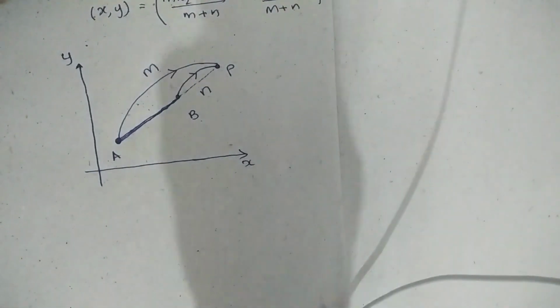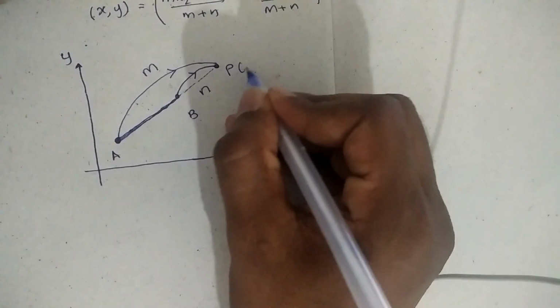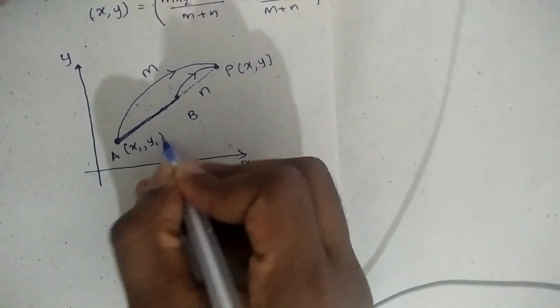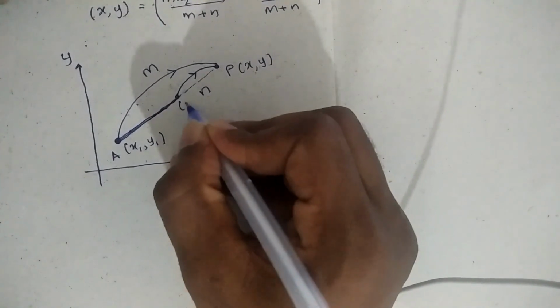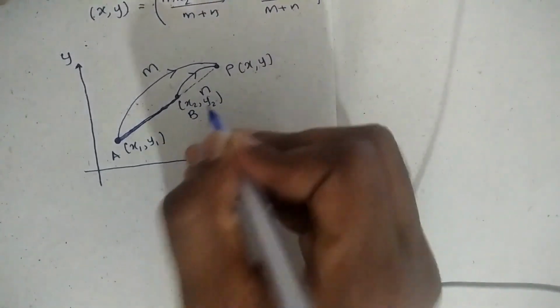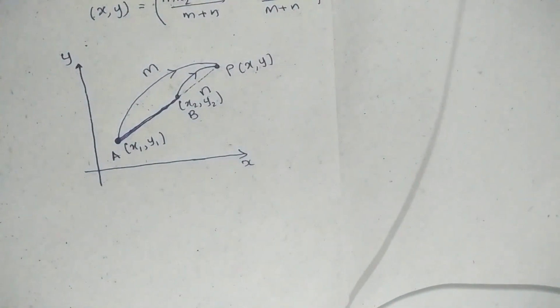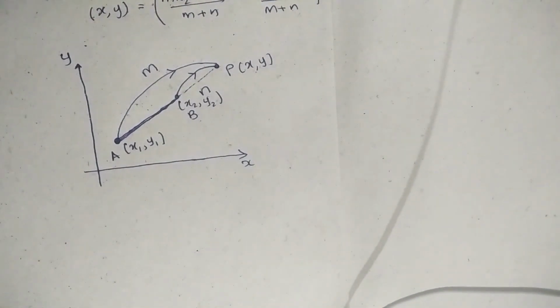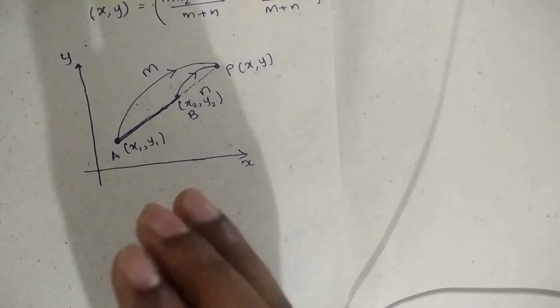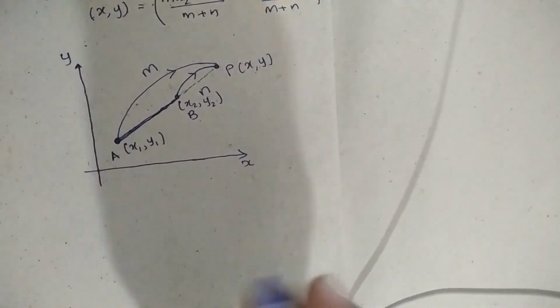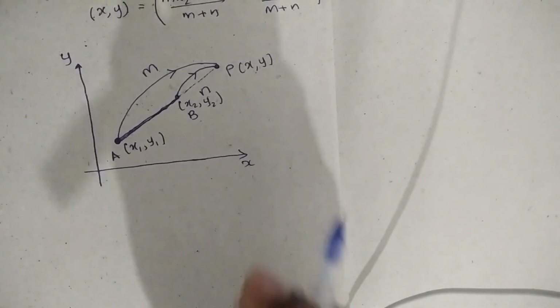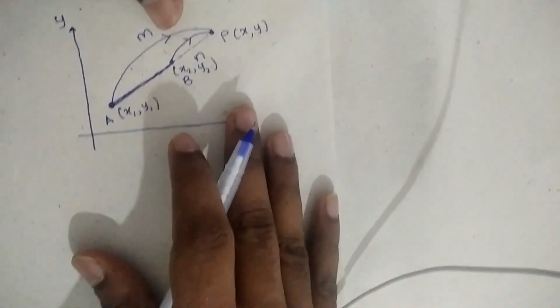Now we're going to find the coordinates of the point P, let's say x comma y. This point here is x1 comma y1, and this point here is x2 comma y2. So let's try to prove the formula again. We're going to use equiangular triangles again, for a good understanding.